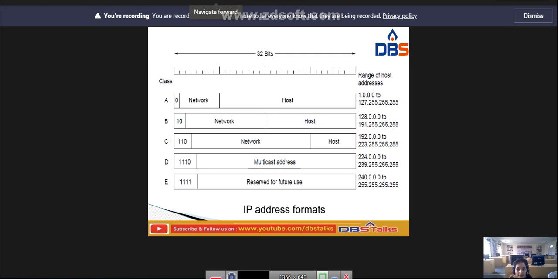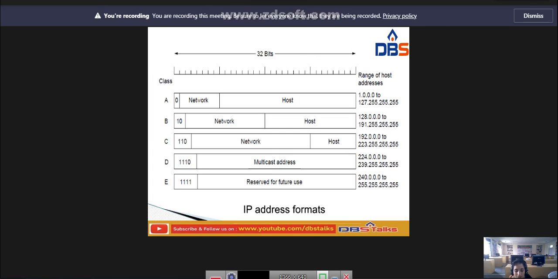Coming to the explanation of this diagram, here I have class A, and the class A, B and C formats allow for up to 128 networks with 16 million hosts each, 16,384 networks with up to 65,536 hosts each, and 2 million networks, for example LANs, with up to 256 hosts each.